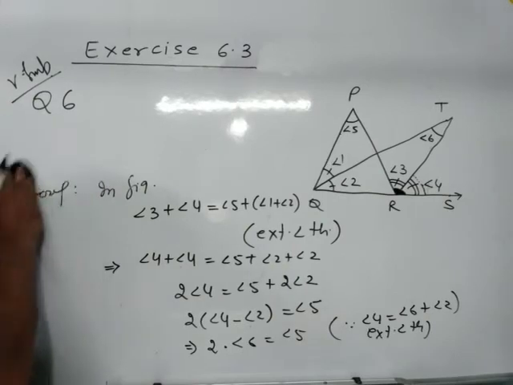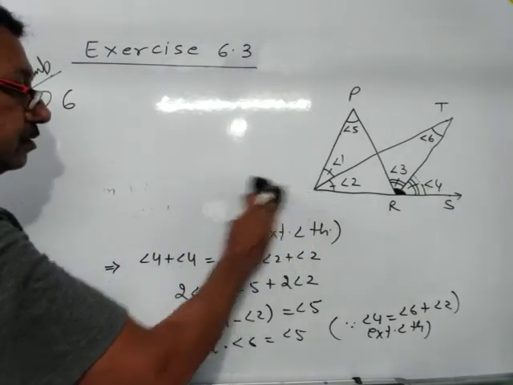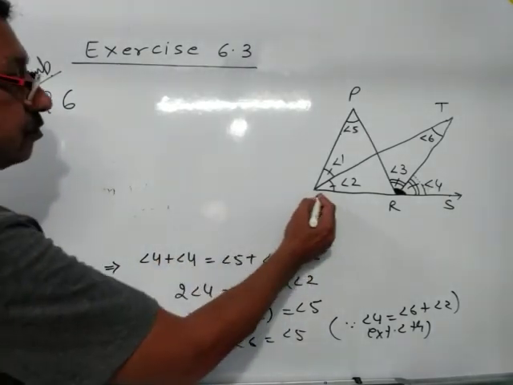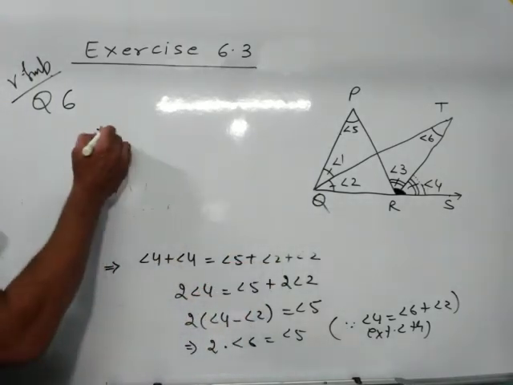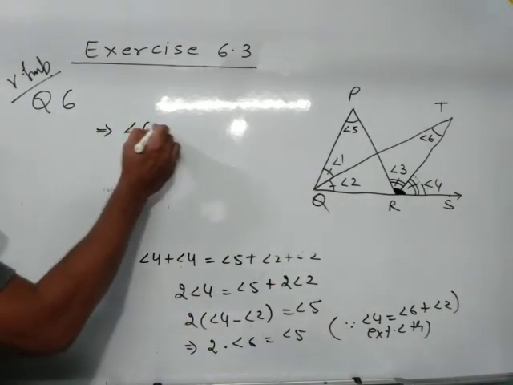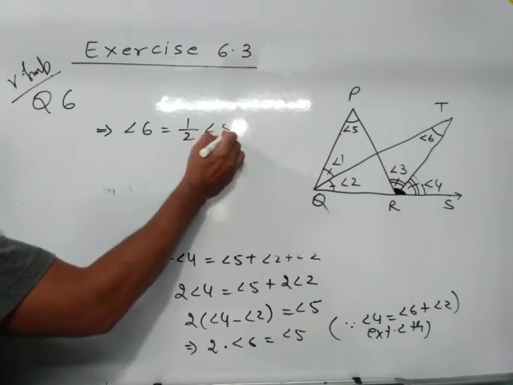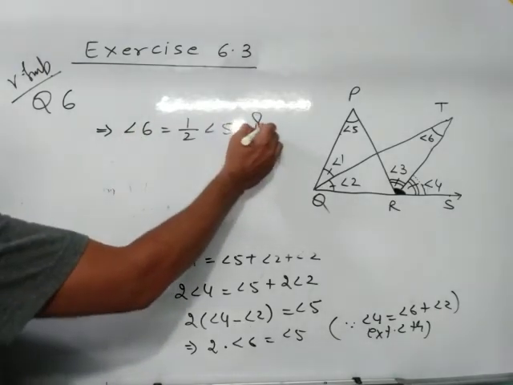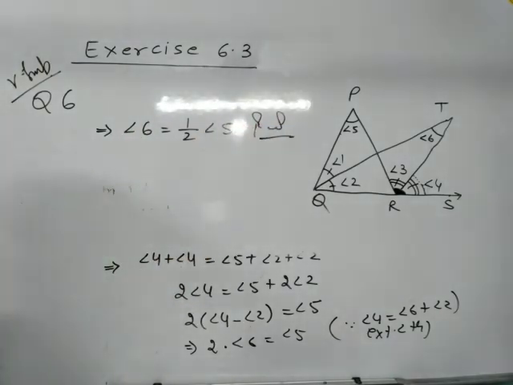And after that, angle 6 is equal to half of angle 5. This is how we have proved that. So this is how you will solve such questions.